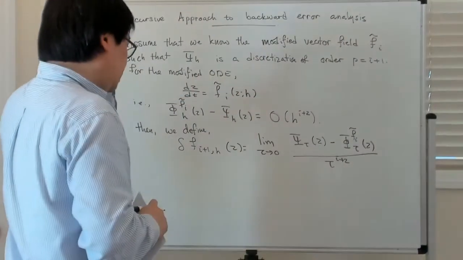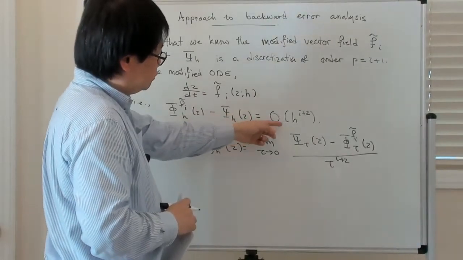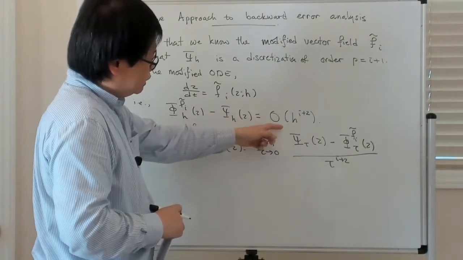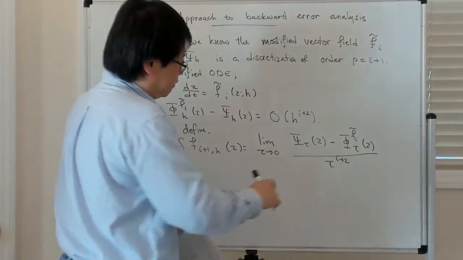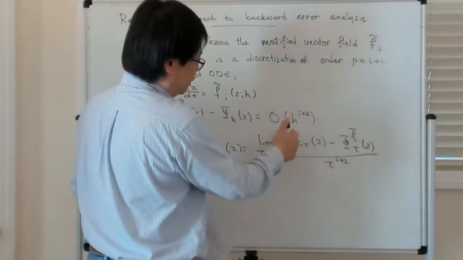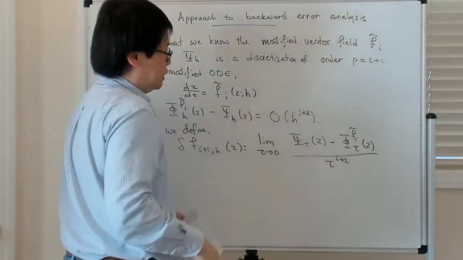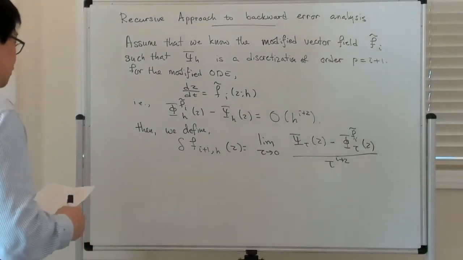The reason, of course, is the scaling: you just want the leading order error term, and by dividing by h to the I plus 2, you just get the coefficient, if you will.